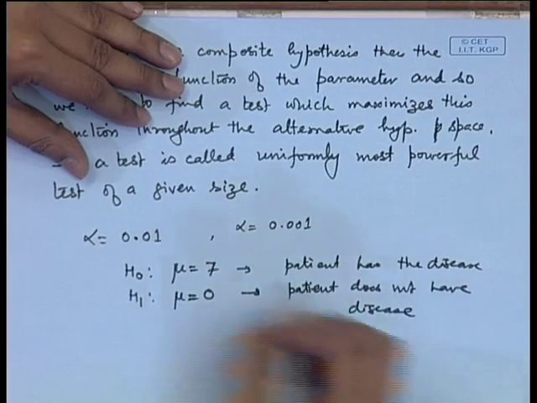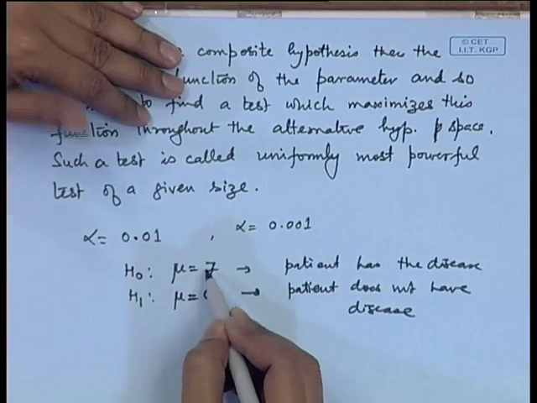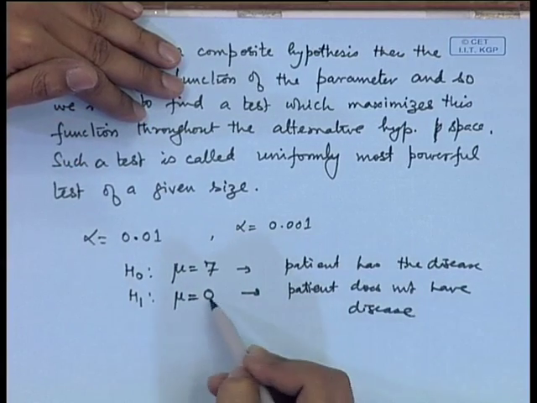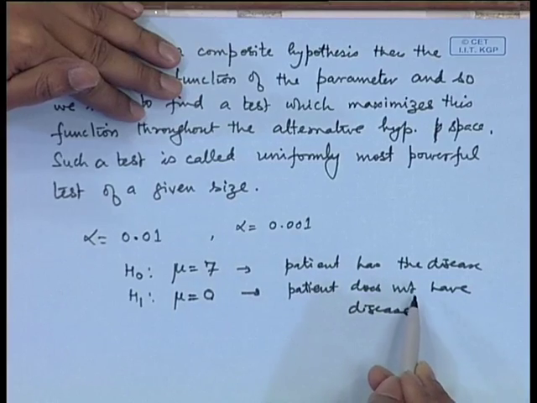Suppose the test is devised in such a way that the measurements that are taken may take only 2 possible values.